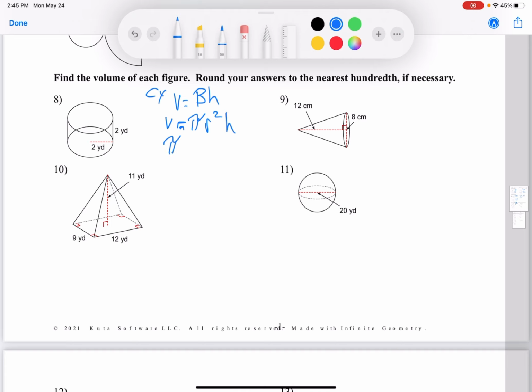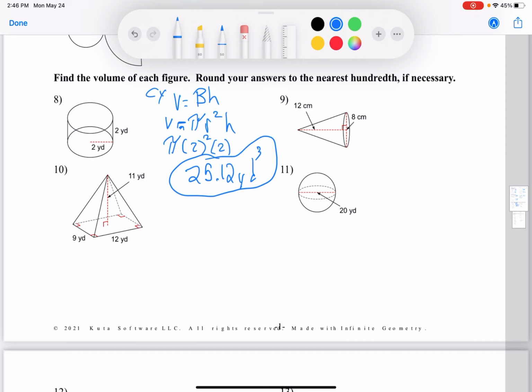So pi times 2 squared, because that's our radius, times the height, which is just 2. Break out a calculator. 2 squared times 2 times 3.14, 25.12 yards cubed, because it's volume. Make sure you read directions.